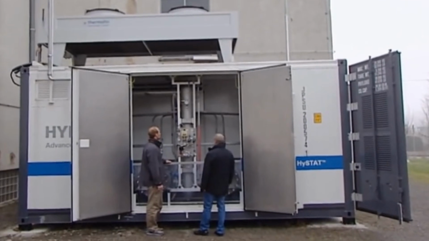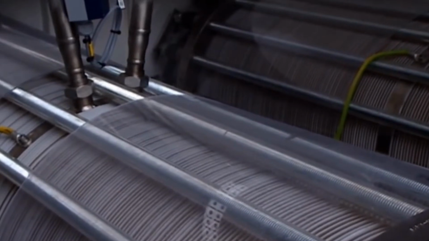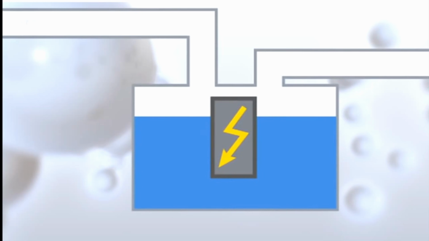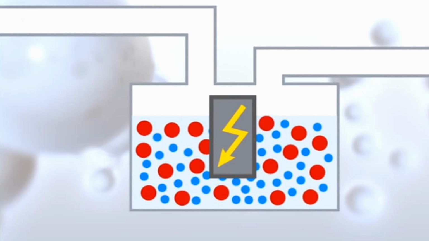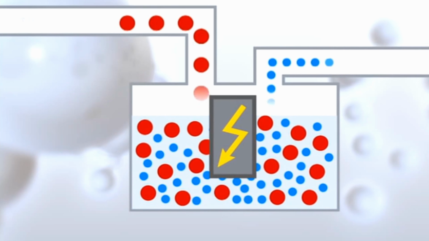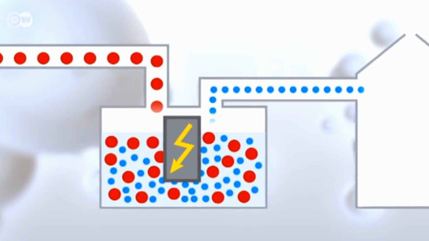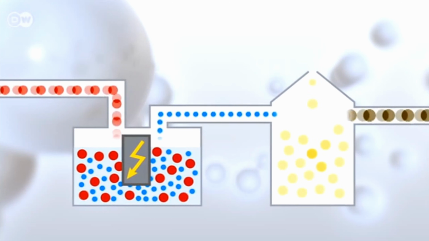The concept that the researchers are testing here is called power to gas. It works like this. Using electrical power, a chemical process known as electrolysis is set in motion. That breaks down water into its two constituent elements, oxygen and hydrogen. Then, carbon dioxide is added to the free hydrogen.